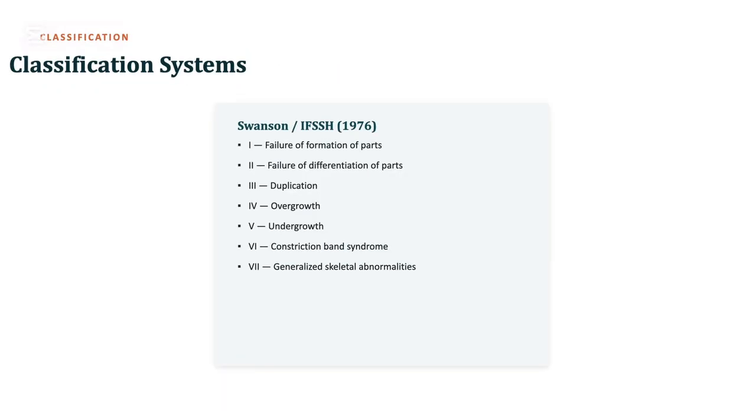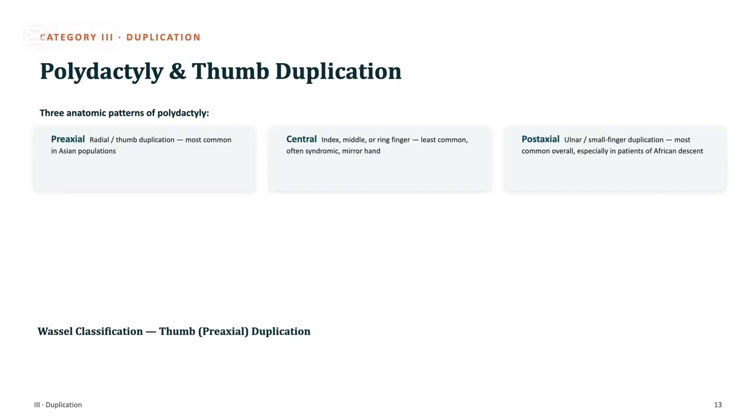Again, to the general classification system, and now we start duplication. Duplication may be preaxial, postaxial or central. Preaxial, as I told you before, is the radial side, and postaxial the ulnar side. The postaxial is the most common overall, but we mainly treat the preaxial.